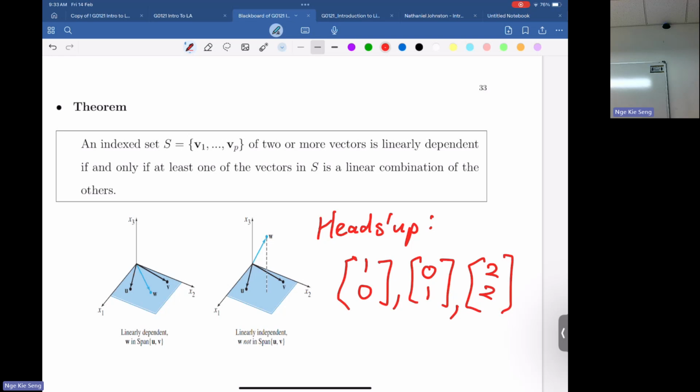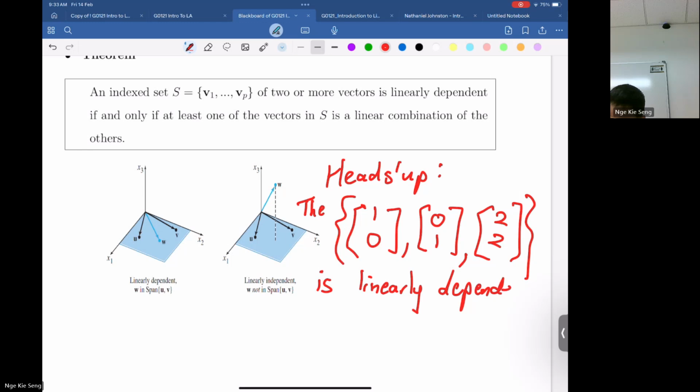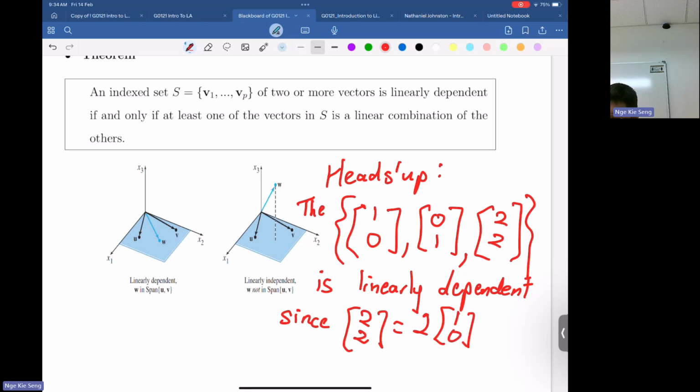But these three together form a non-trivial linear dependent relation. So we say the set containing these three vectors is linearly dependent, since (2, 2) equals 2 times (1, 0) plus 2 times (0, 1).